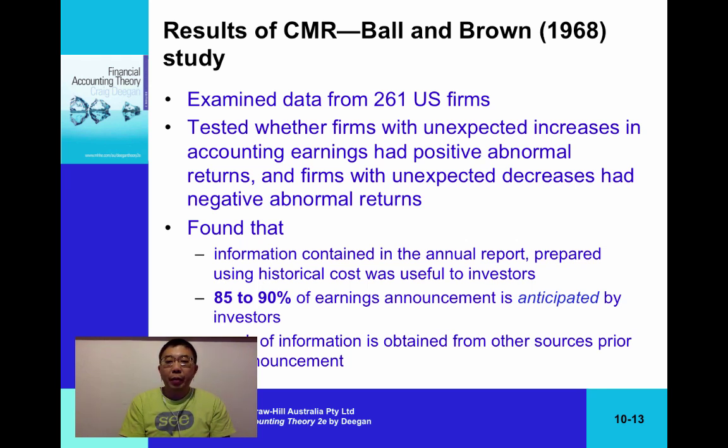So remember, we compared capital market research with behavioral accounting research, and the main difference between the two is capital market research looks at aggregate data and focuses on shareholders and the share market, whereas behavioral accounting research is more at an individual level, and it looks at a wider use of accounting information. We'll look at behavioral accounting research later.